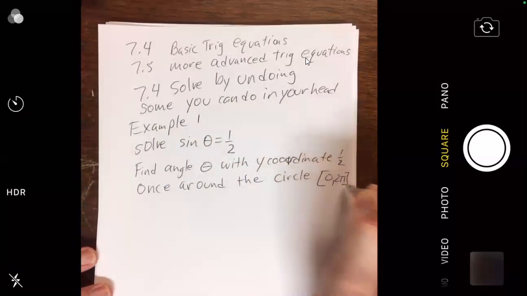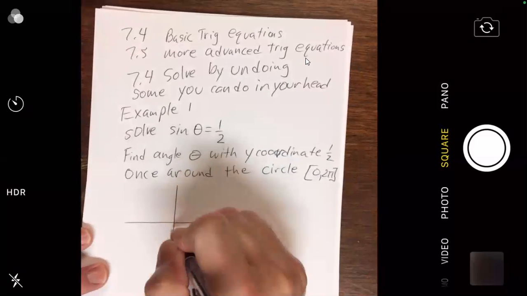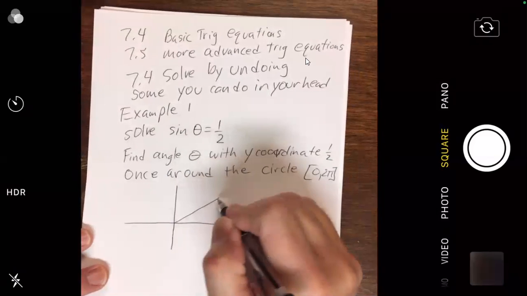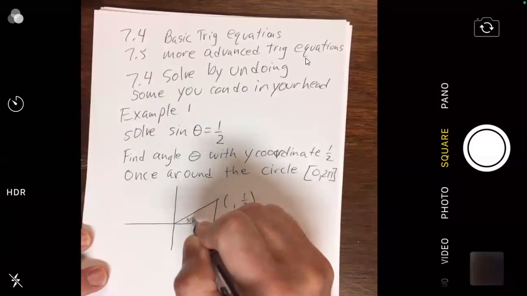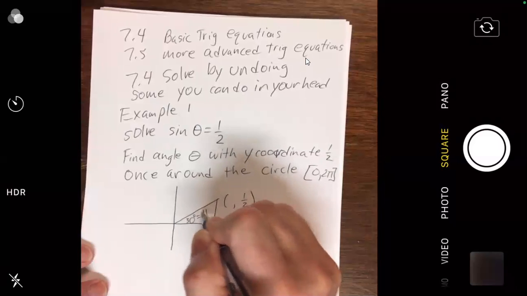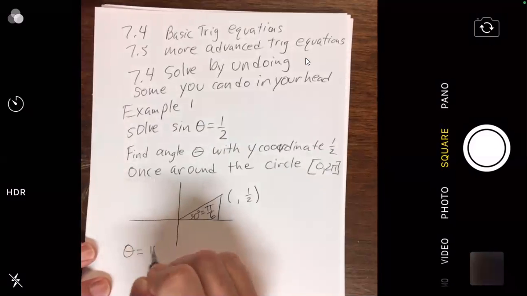Usually these are done in radian mode. So if you draw it out, the y coordinate was 1/2 at, you can think 30 degrees if you want, but that was at pi over 6. So that gives you your first number.